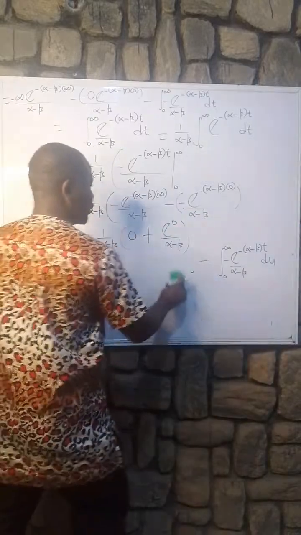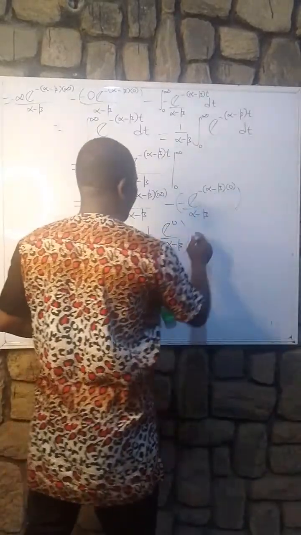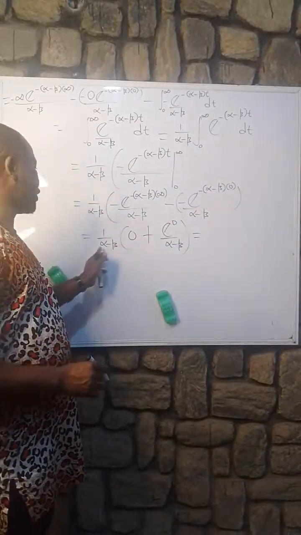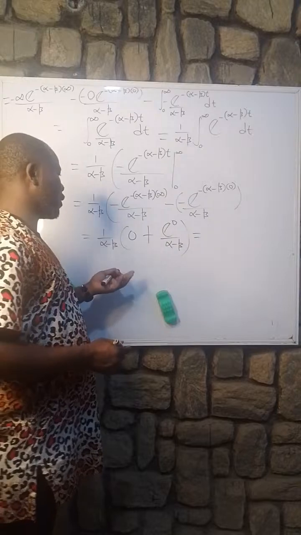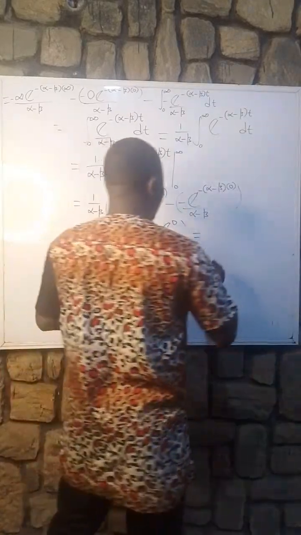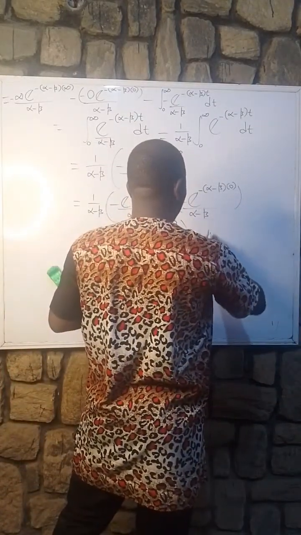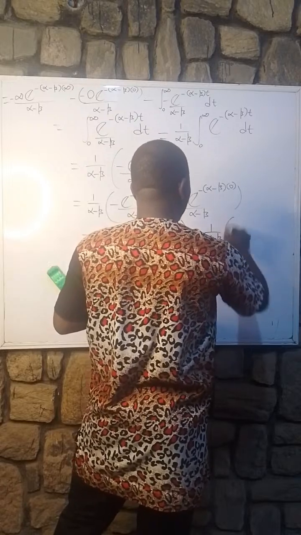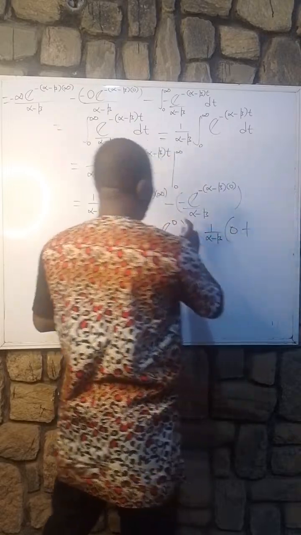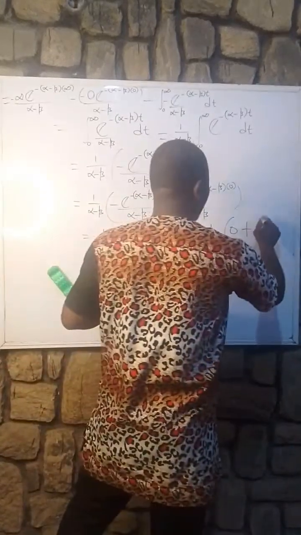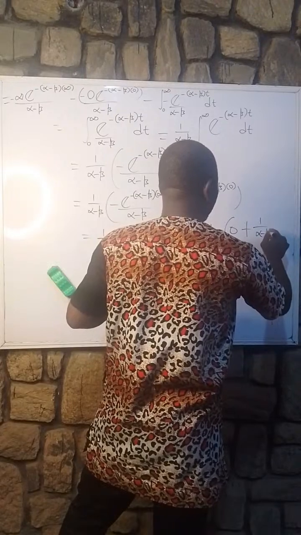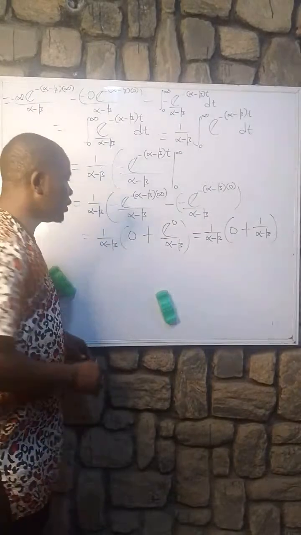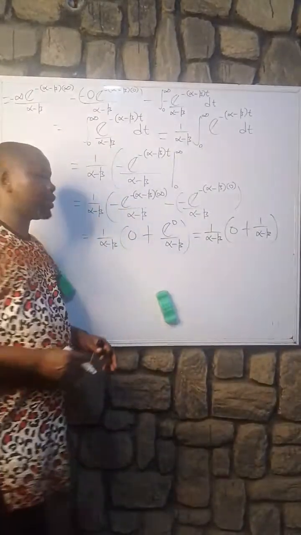Anything raised to power 0 is what? 1. But 0 times this is 0. So you can now see that 1 all over alpha minus beta, put back in 0 plus anything raised to power 0 is 1. So 1 all over alpha minus beta. Amen? Are you following? You don't need a prophet to tell you.